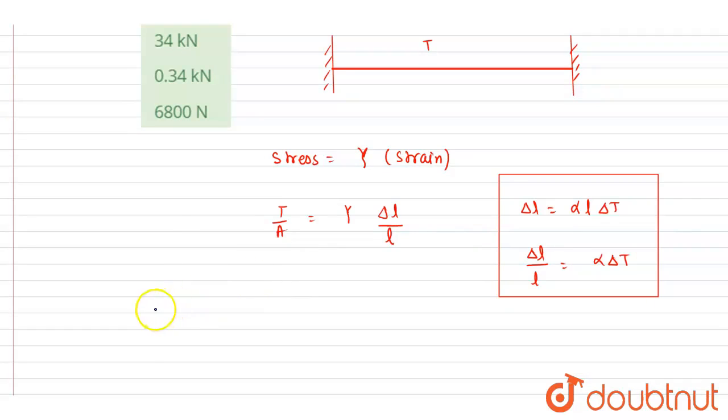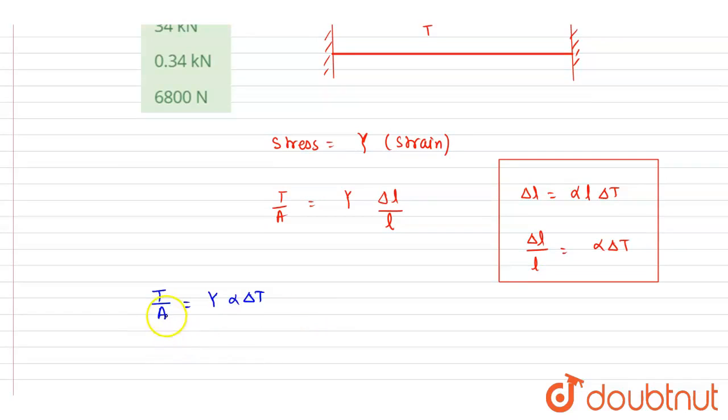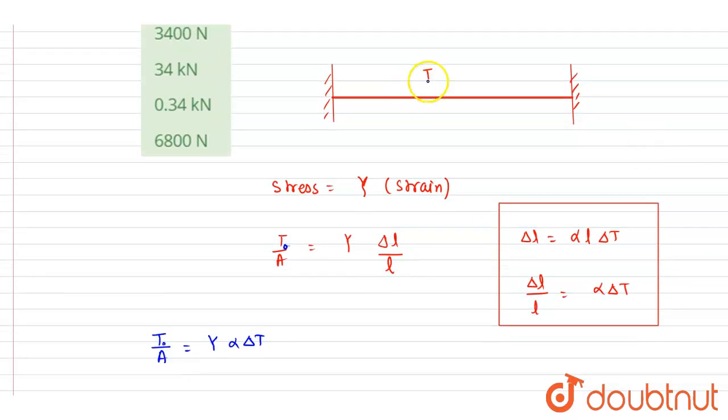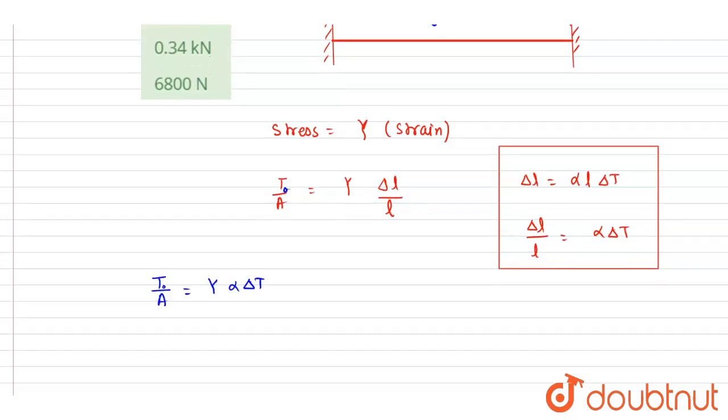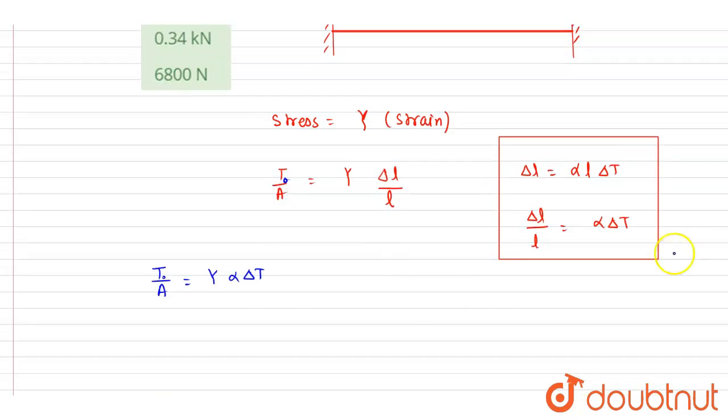So tension per unit area, that is the stress, is equal to Young's modulus times alpha delta T. We want the tension, so let's call this tension T naught so that we can differentiate it from the temperature. So T naught is equal to Young's modulus times area times linear thermal expansion coefficient times change in temperature, right?